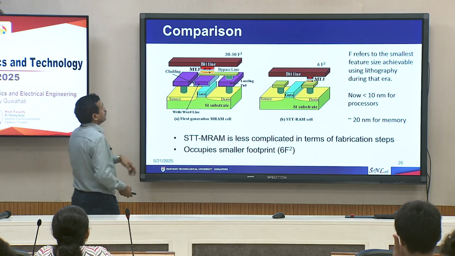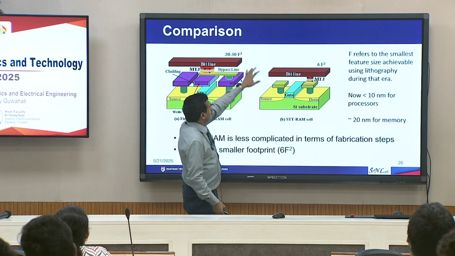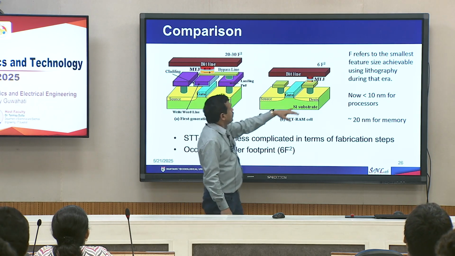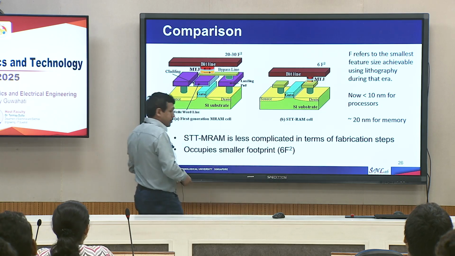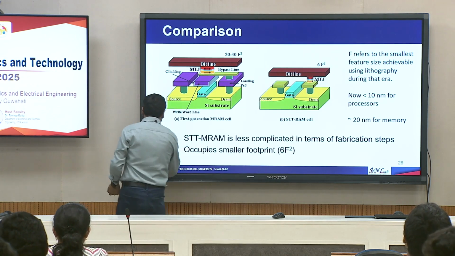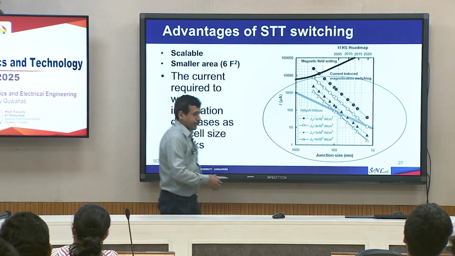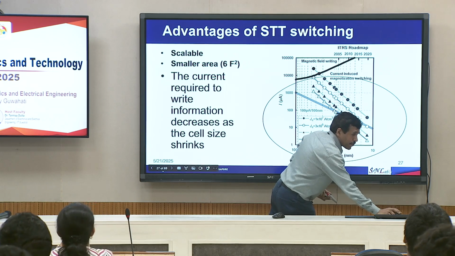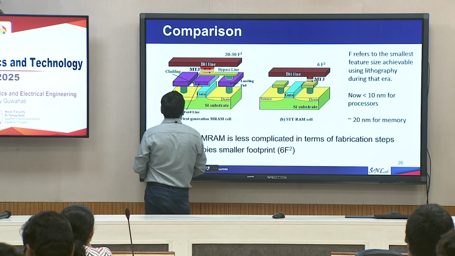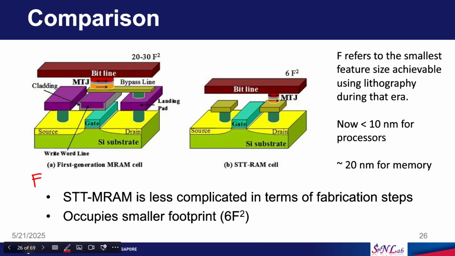First of all, look at the area occupied by the field based MRAM. It is 20 to 30 F square. STT MRAM is only 6 F square. As I mentioned, let us say F is 100 nanometer, easy to calculate.